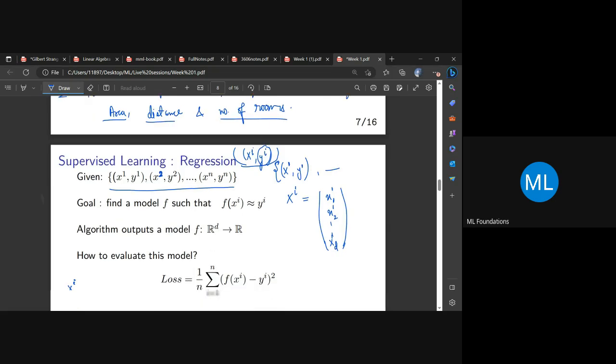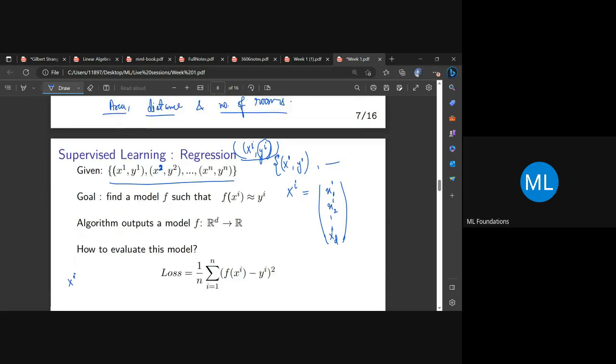So my xi is going to be xi1, xi2, and xi3. So it has three features.